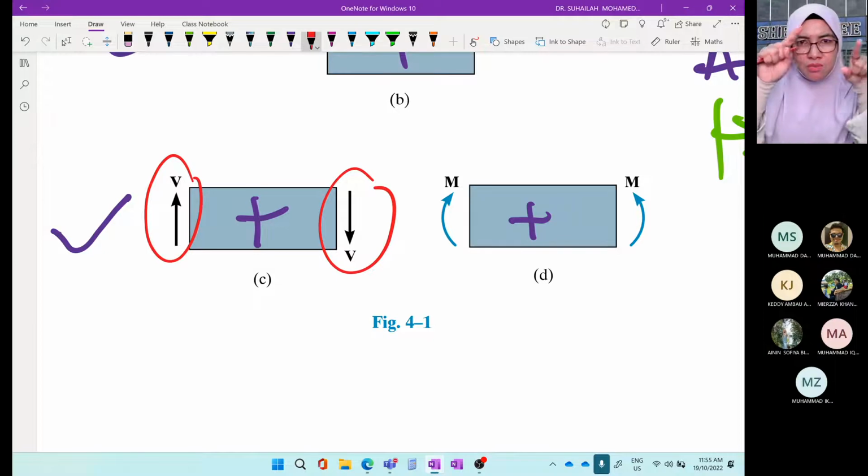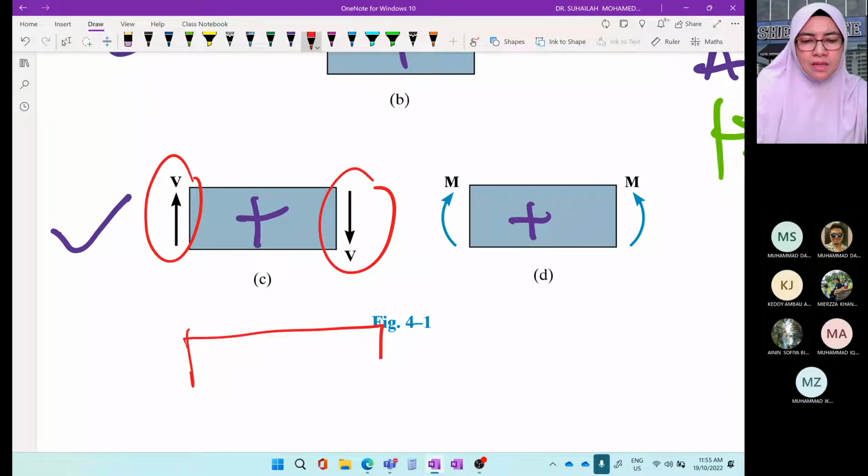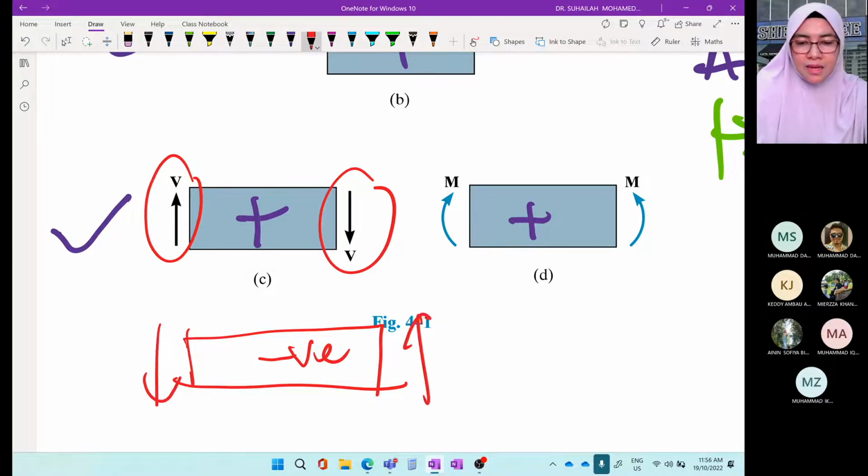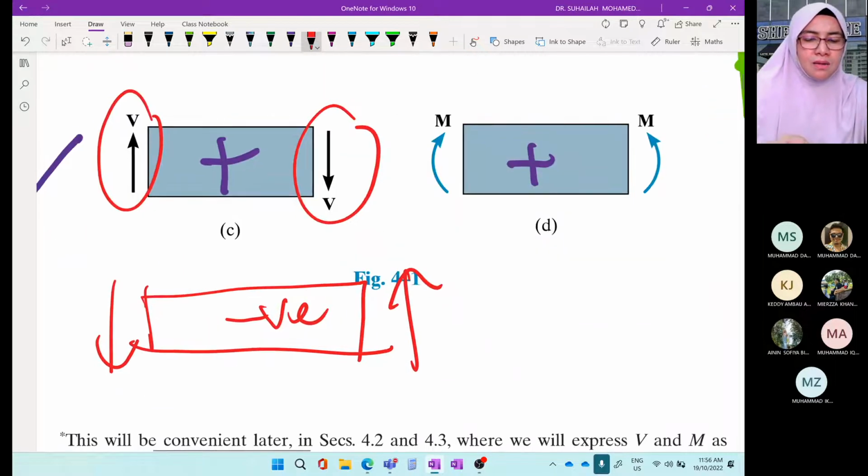Shear force ni satu atas satu bawah kan? So dia akan rotate clockwise. So the other way round, kalau negative, shear akan acting in this direction. Yang bawah ni, arrow tu akan buatkan this block rotate counterclockwise. So that is why yang ni positif, yang bawah ni negatif.